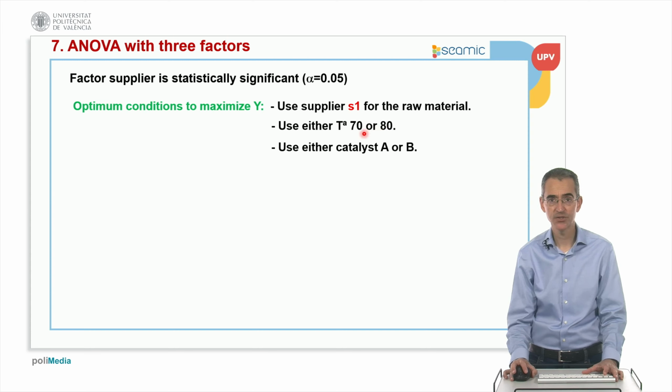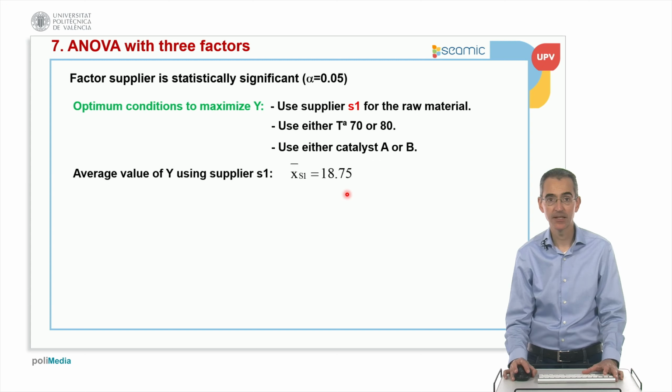Probably in this case, we will choose 70 because we don't need so much power for heating. So probably 70 would be better, but from the data, we don't have information to say which one is better. And then regarding the catalyst, we can choose either A or B. So we will choose the cheapest or the one which is more convenient for some technical reason.